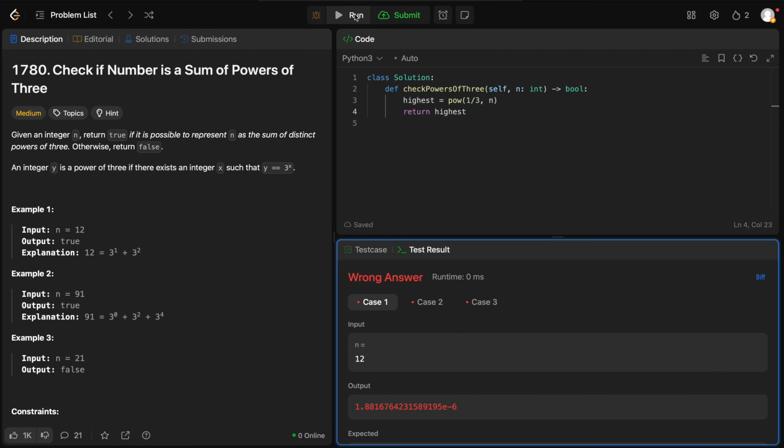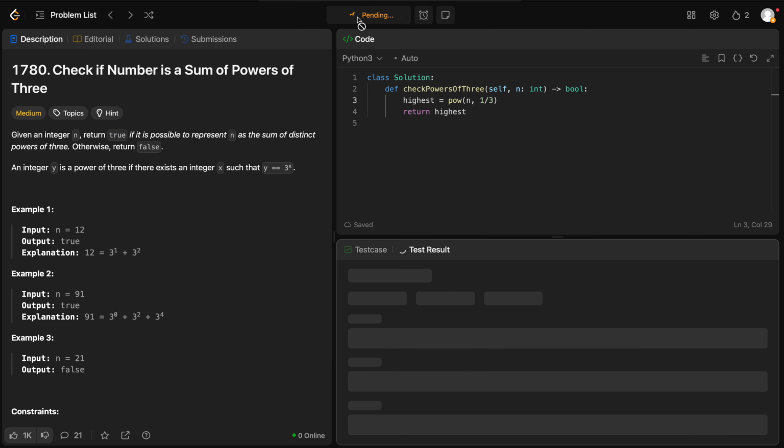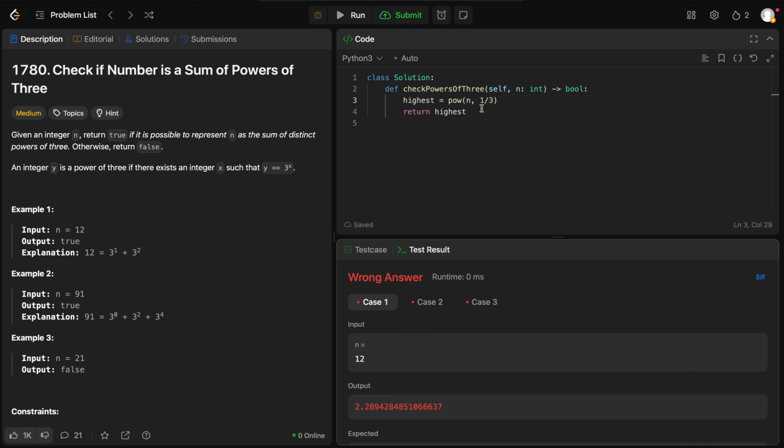Let me just check this. Can I do it? Okay. So that's the highest one I can use.